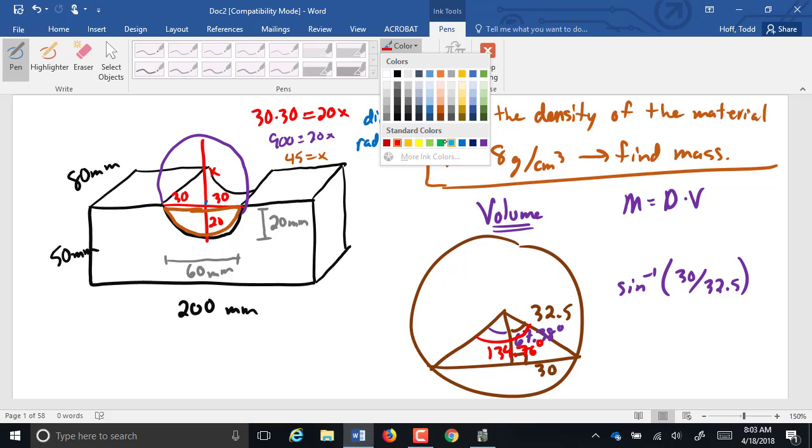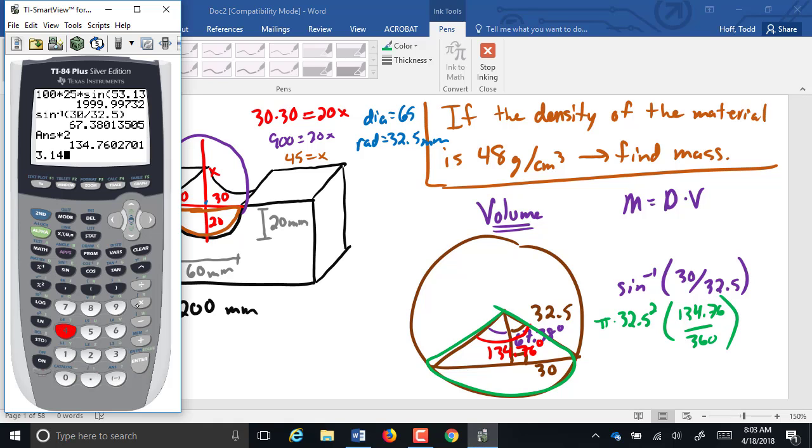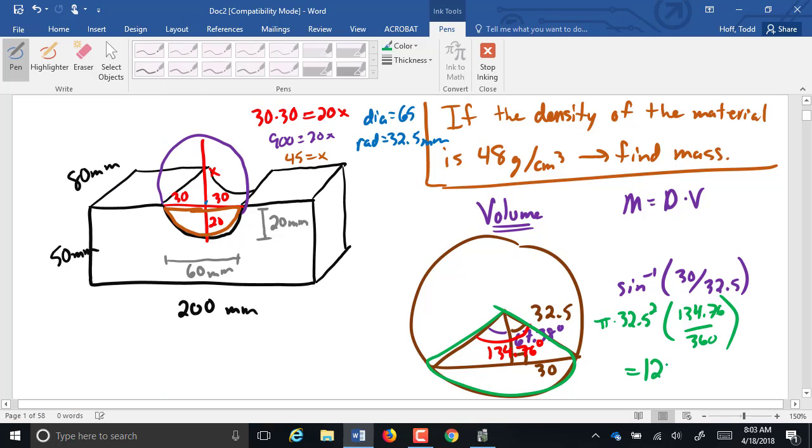So that means first thing we're going to find is the area of the sector. The area of that sector is pi times 32.5 squared times 134.76 over 360. 1241.52 millimeters squared.